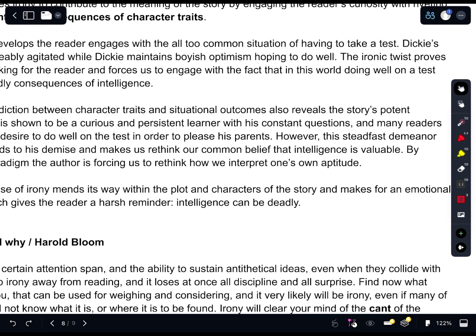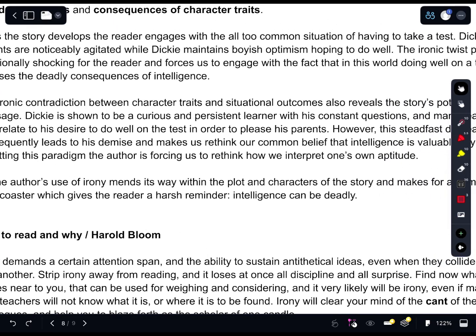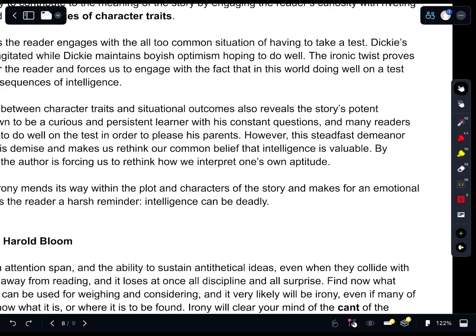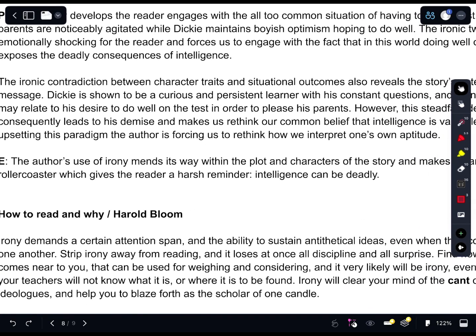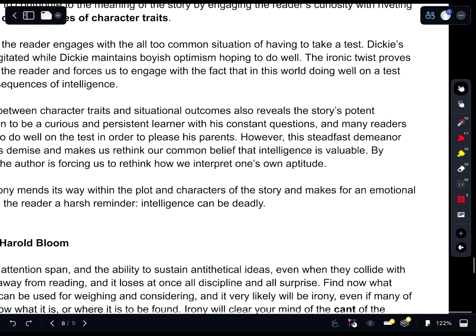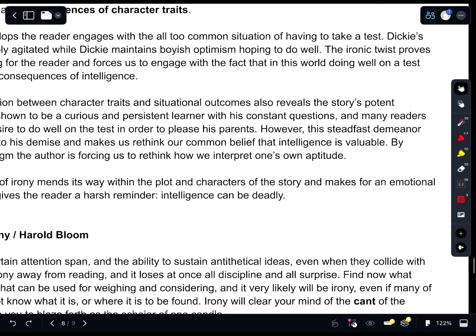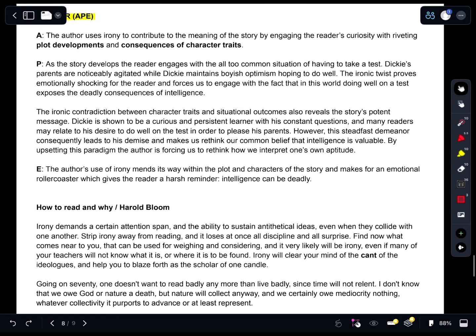This steadfast demeanor consequently leads to his demise and makes us rethink our common belief that intelligence is valuable. By upsetting this paradigm, the author is forcing us to rethink how we interpret one's own aptitude. Okay, so here it's all about how the author is making us think, wow, okay, so this character trait, being curious, intelligent, wanting to do well, it's not a good thing here.